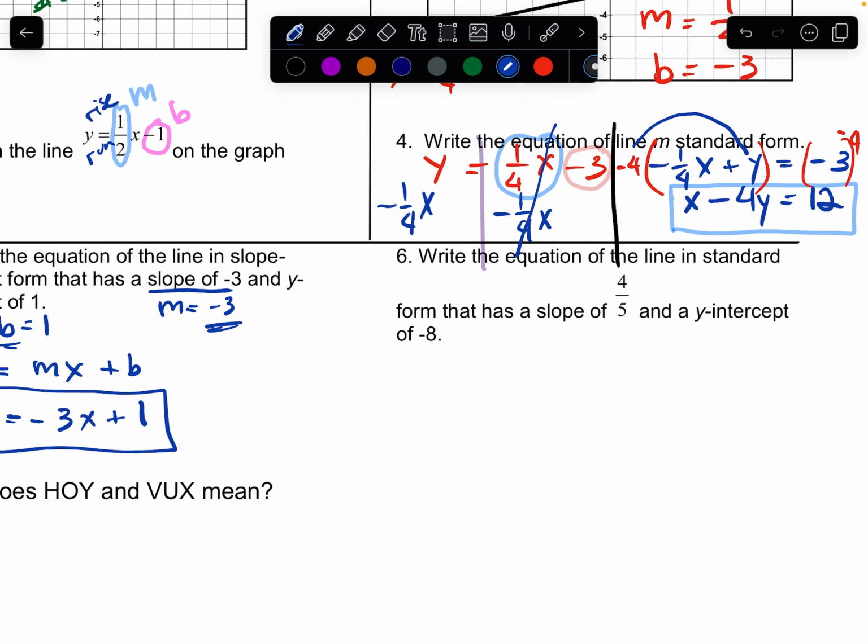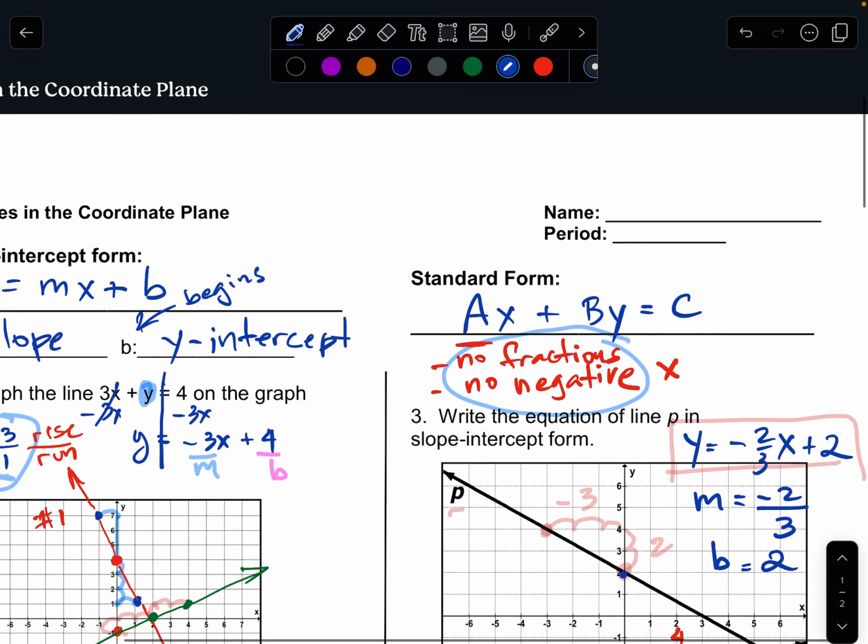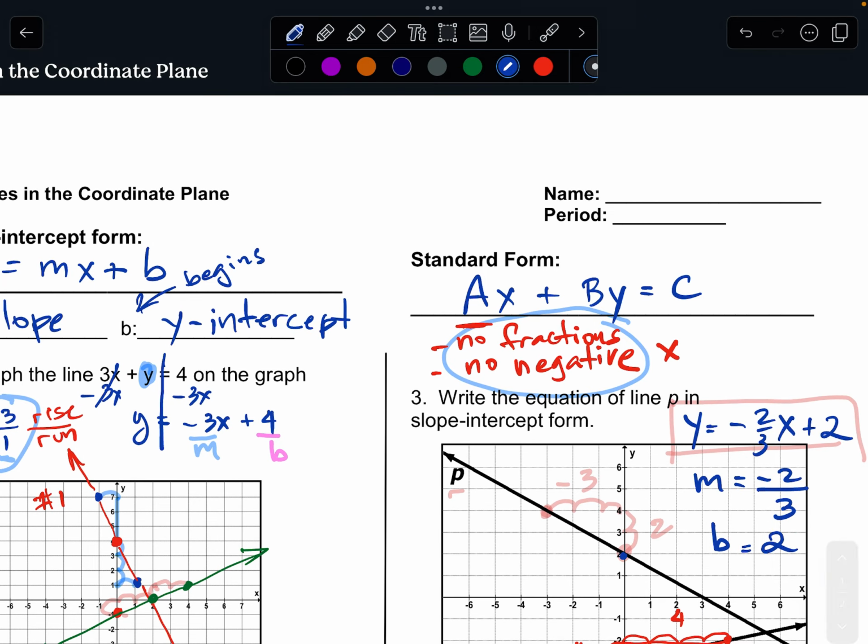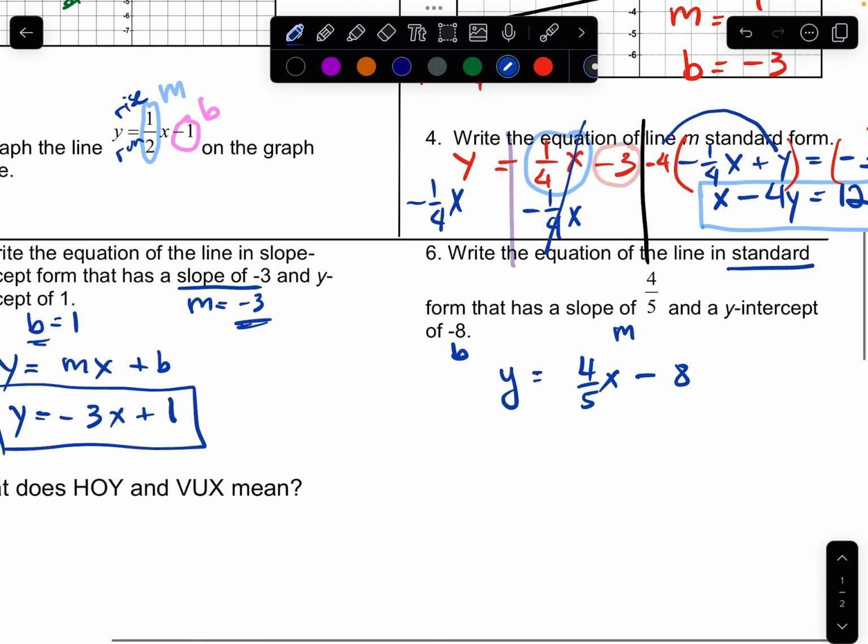Now let's go on to 6. Okay. So let's write the equation of the line in standard form that has a slope of 4/5 and a y-intercept of negative 8. So again, this is our slope, that's m, and this is your b. So our equation is going to be y is equal to 4/5 x minus 8. Now remember, this is not standard form. Standard form is ax plus by equals c.